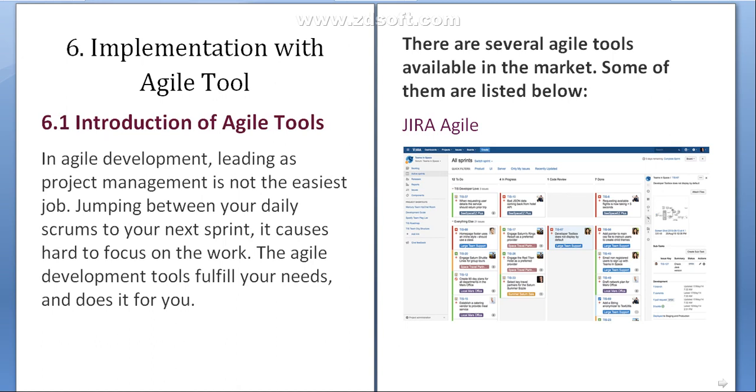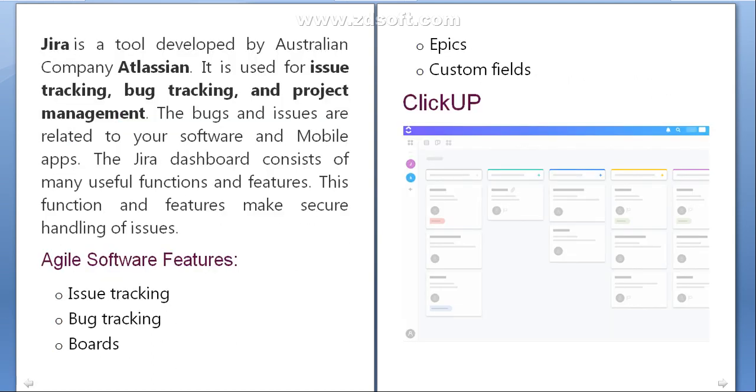This is the most famous tool available nowadays in the market. Most of the companies currently use this Jira software for managing the development of projects or software. This is actually the tool, or you can say software, which the Scrum Master uses to track the development of a project, that is Jira Agile.